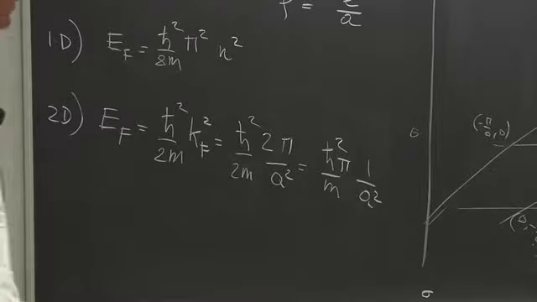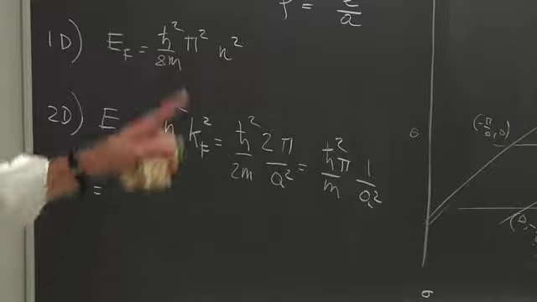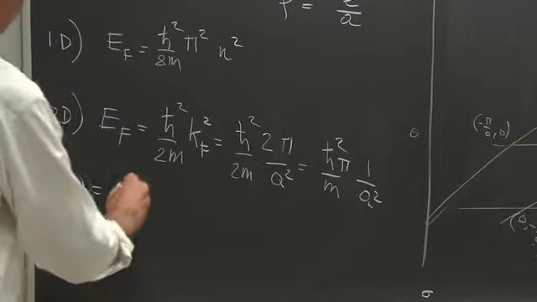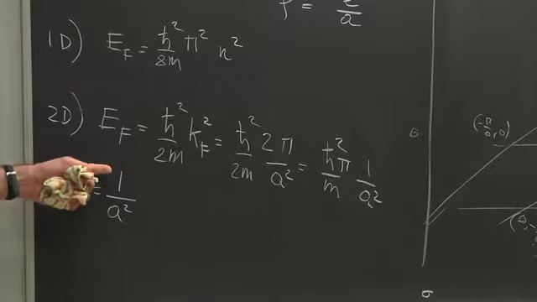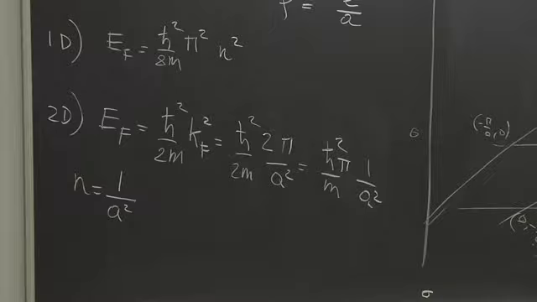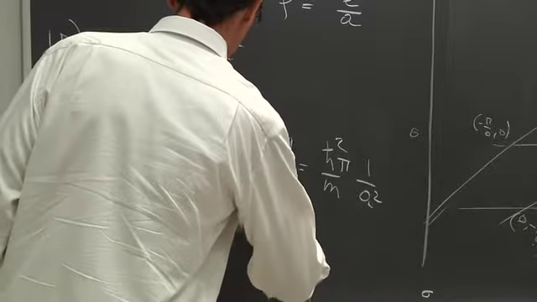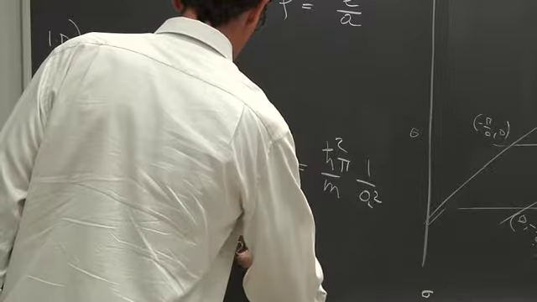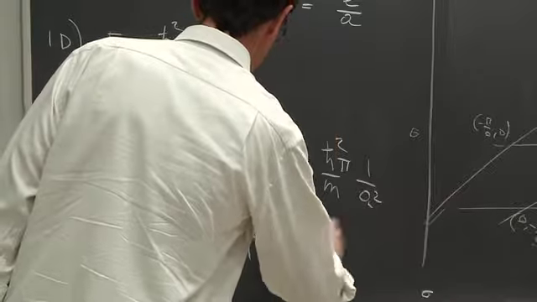Let me translate it into density. Now in 2 dimensions, density, if I have 1 electron per cell, is 1 over a squared. 1 electron over a unit cell, a squared. So the Fermi energy is h squared over m pi n.